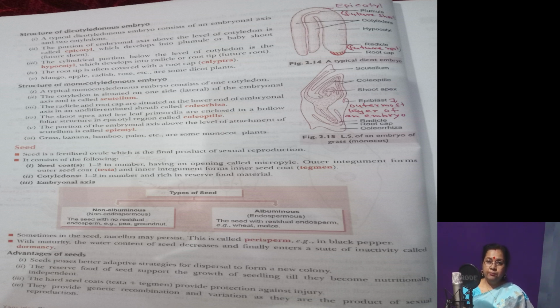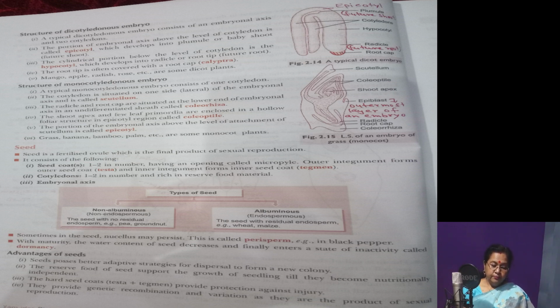Now the monocot embryo. Monocot embryo consists of only one cotyledon, and the cotyledon is situated on one side of the embryonal axis, and it is called scutellum.